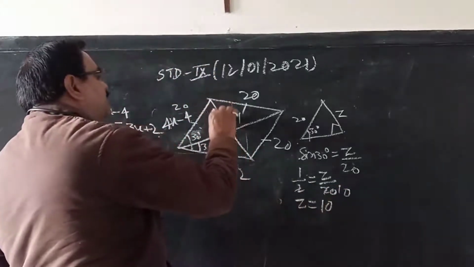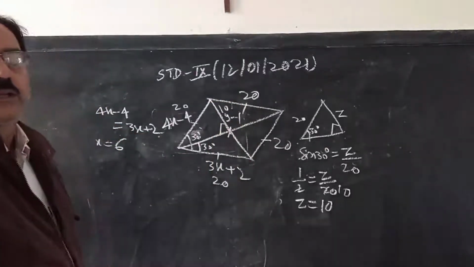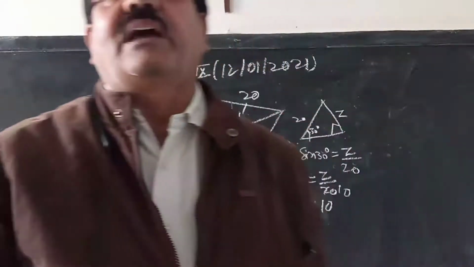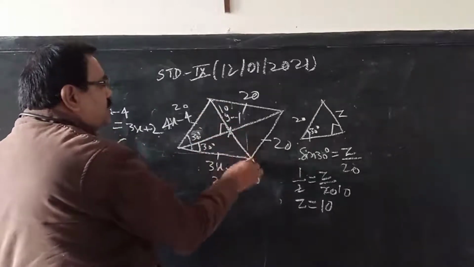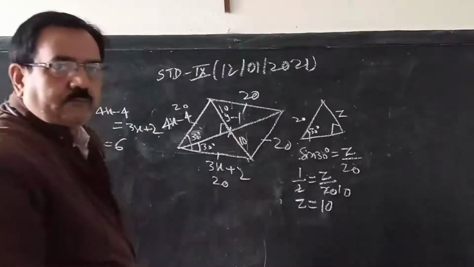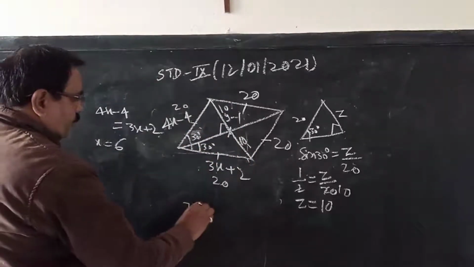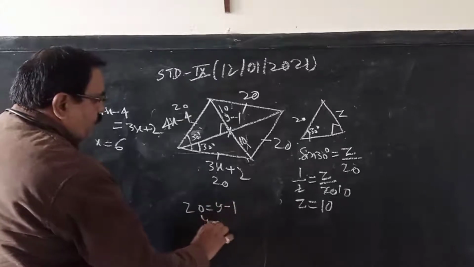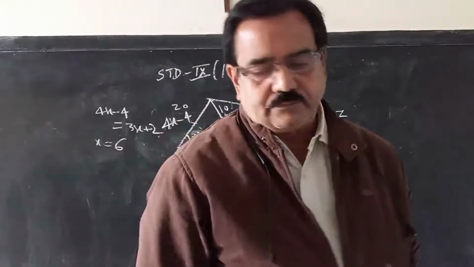So this is 10. Now you know again the property: the diagonals bisect each other. So if this one is 10, this is also 10. What is the total length? 10 plus 10, 20. 20 is equal to y minus 1, which means y is equal to 21.